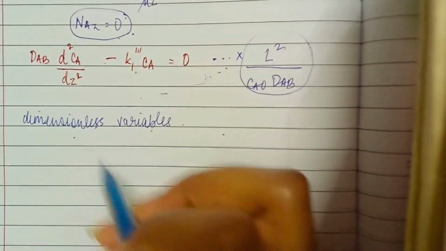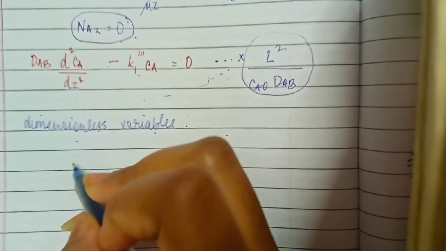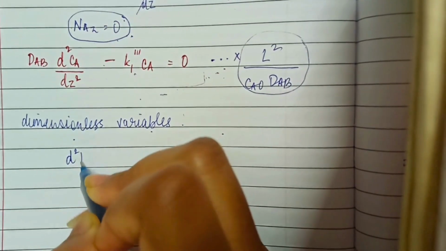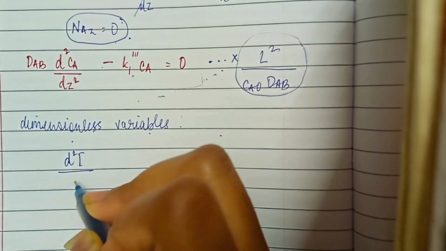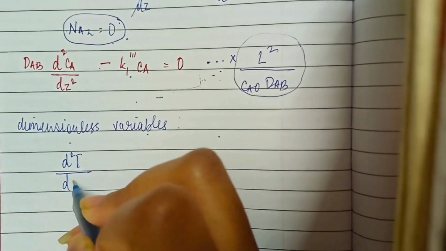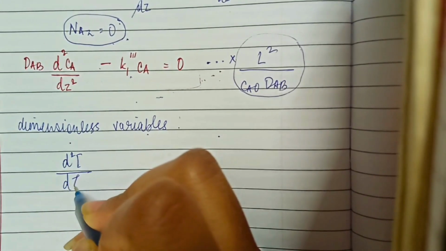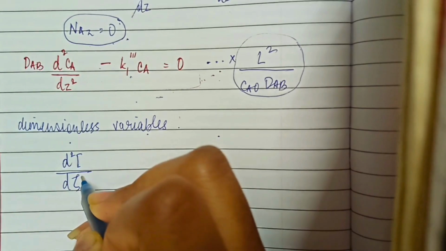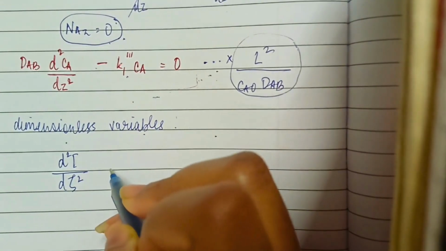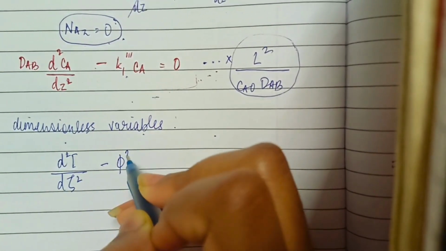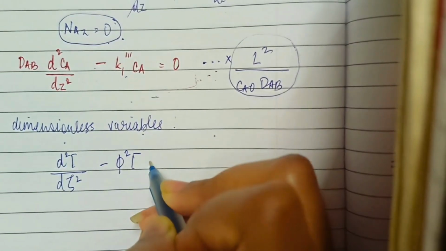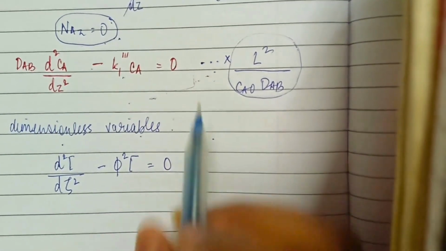So the equation turns out to be d square gamma by d zeta square minus phi square gamma is equal to 0.